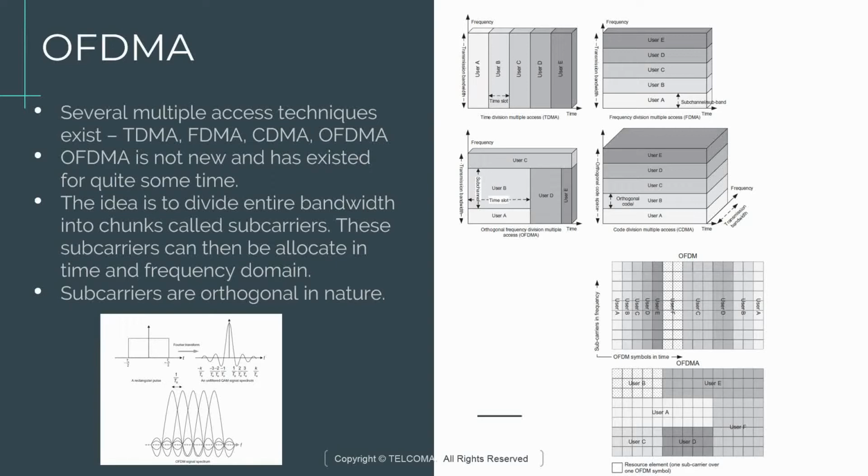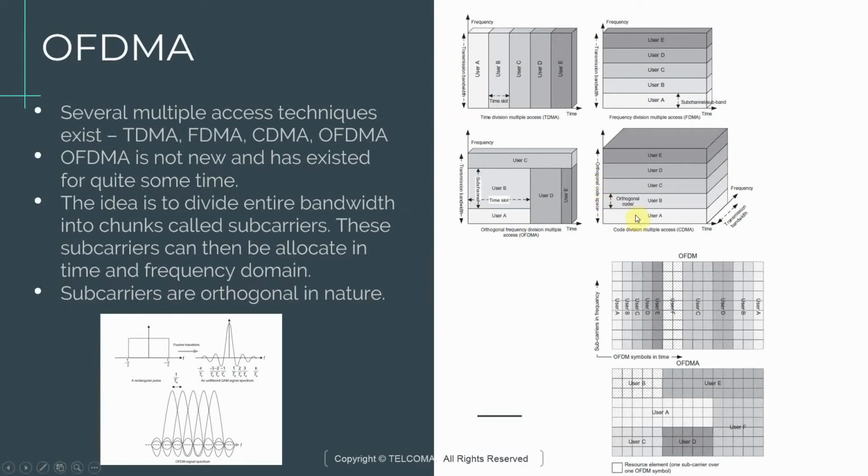The difference being you scramble the data for every user by a unique code that is specific to a user. On the receiver side, the data can only be decoded if you have that specific code. So it's essentially a means of sharing your entire frequency among all your users.